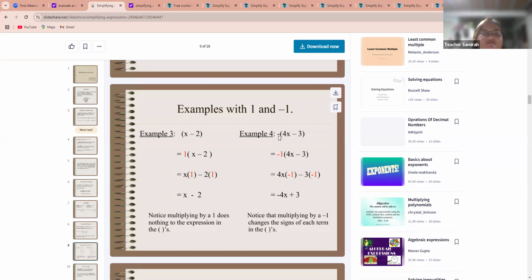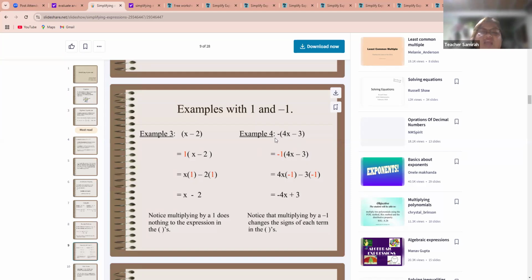4, if you look at it, there is actually a negative sign outside the parentheses. It only tells us that there is an invisible 1 outside the parentheses.